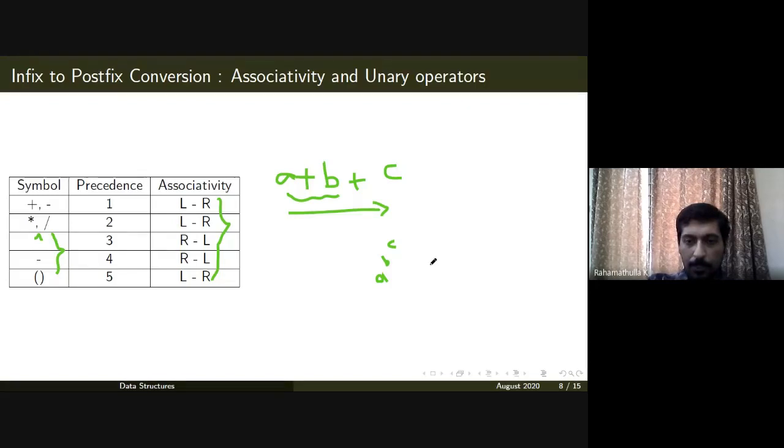then the associativity is from right to left, right? Like b raised to c should be done first, then a raised to the result of it. Round brackets also have associativity from left to right.